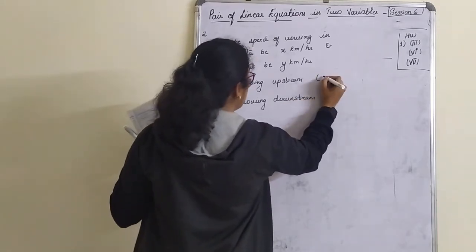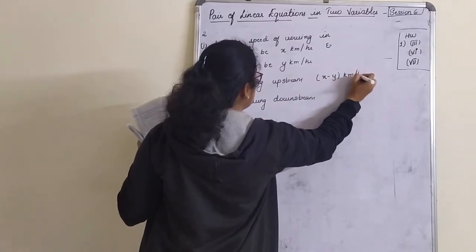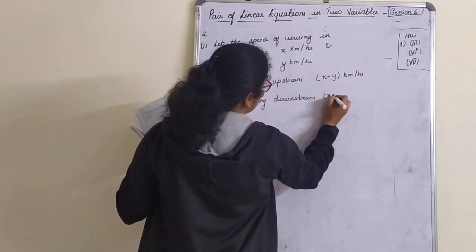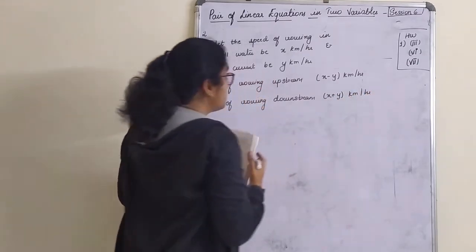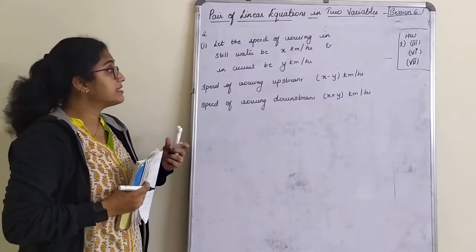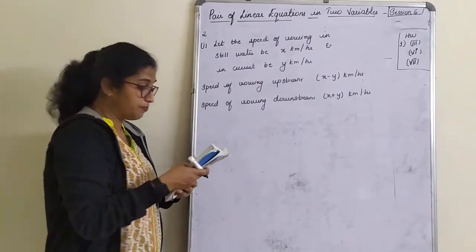So upstream is x minus y kilometer per hour, and downstream is x plus y kilometer per hour. For these types of sums, there are several initial steps which are always written the same way, looking at the given situation.